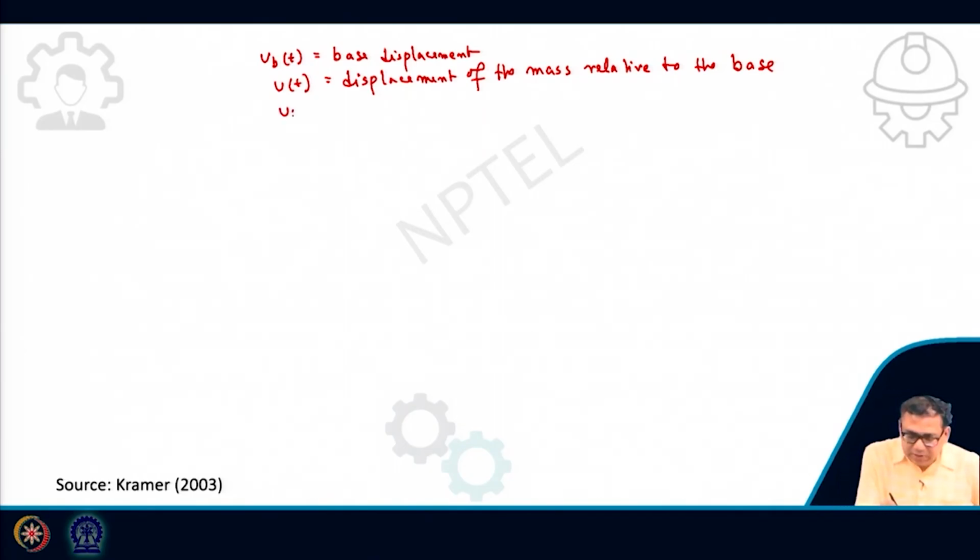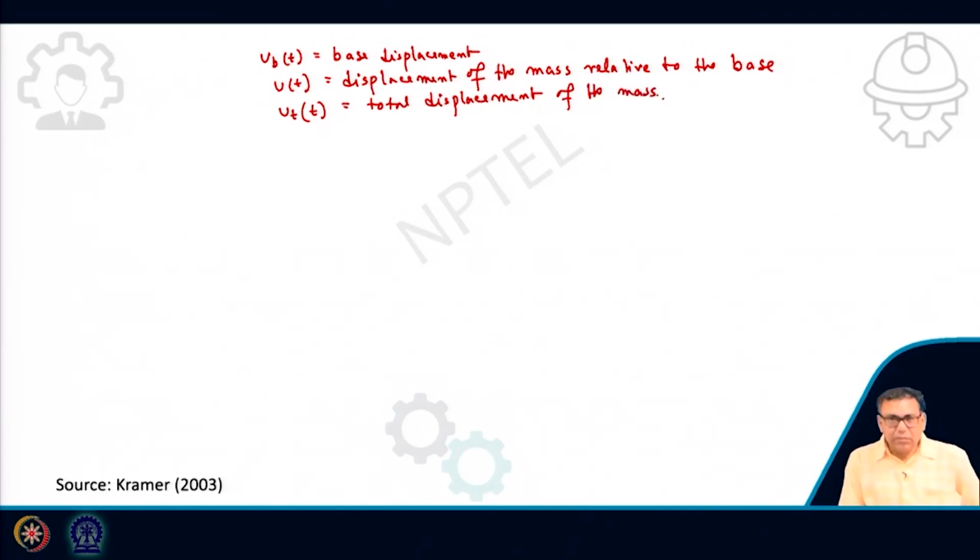And then u_t is the total displacement of the mass. So, I can write that the inertial force depends on the total acceleration of the mass, but the viscous damping force and elastic spring force depend on relative velocity and relative displacement respectively.